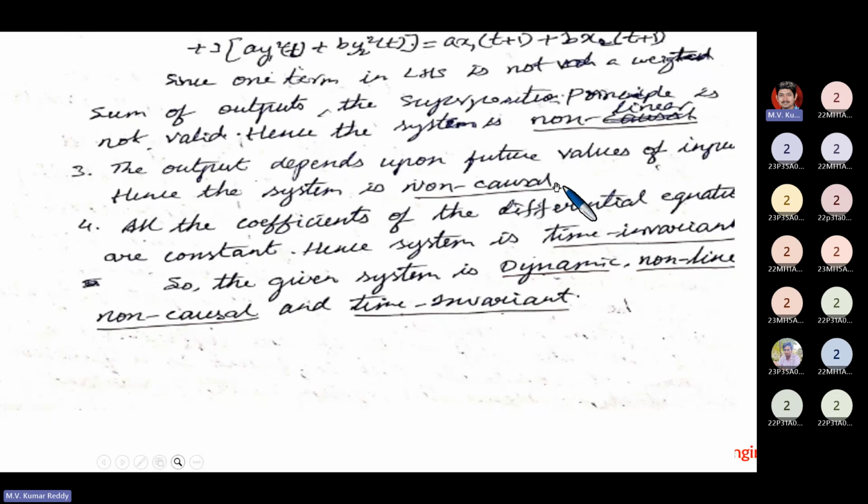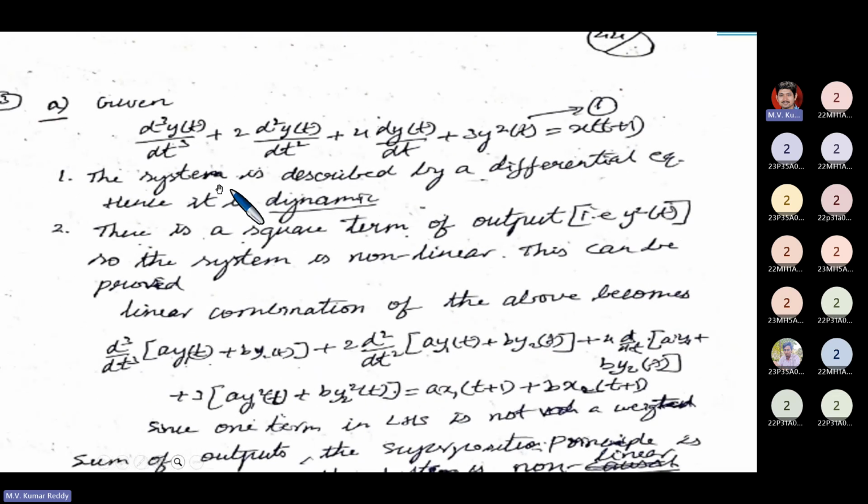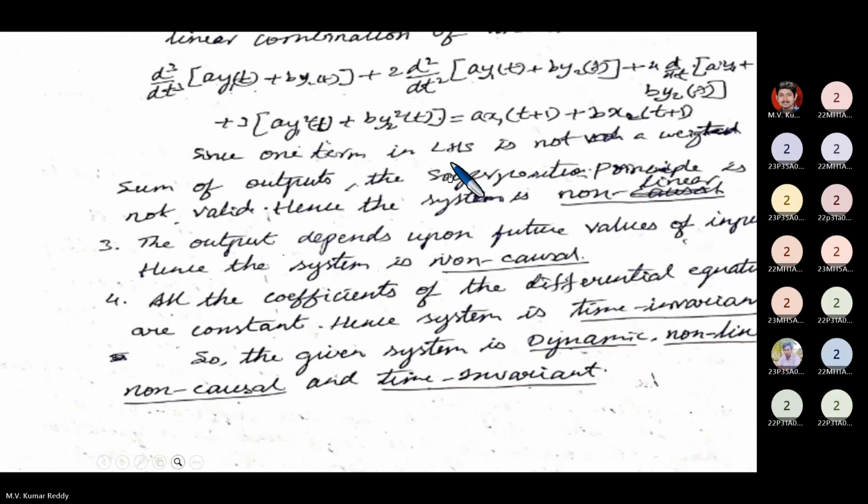Now in this equation we have y of t, which means present value. Here t plus 1 means future value. So if a system depends upon a future value, then the system is non-causal.